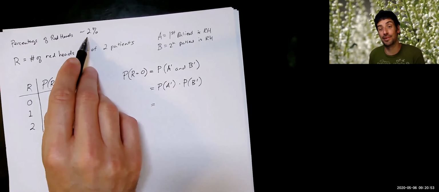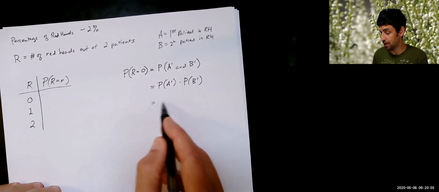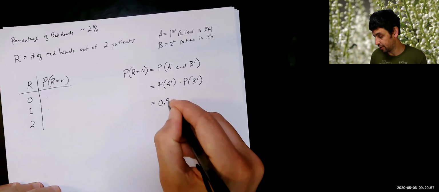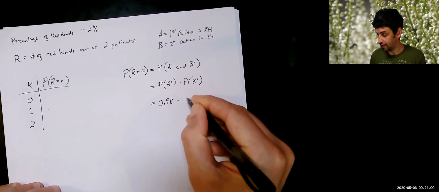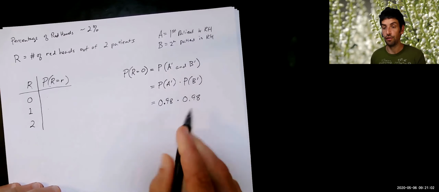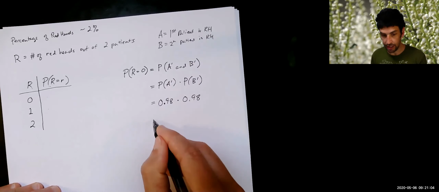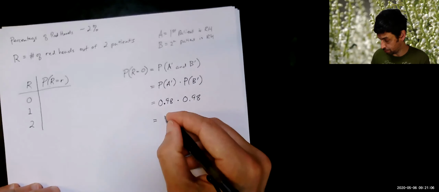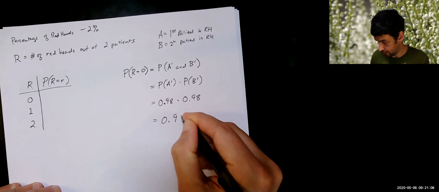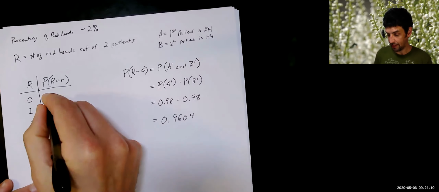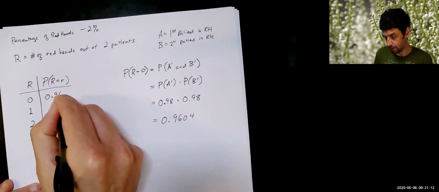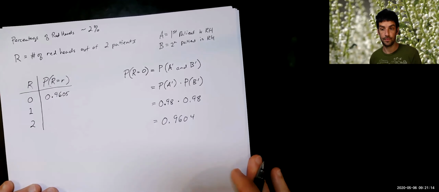That means 98% are not. So if you choose a person at random, you have a 98% chance they are not a redhead. And the same thing applies for the second person. So 0.98 times 0.98 gives me 0.9604. And that's going to be the number we put here. Okay.